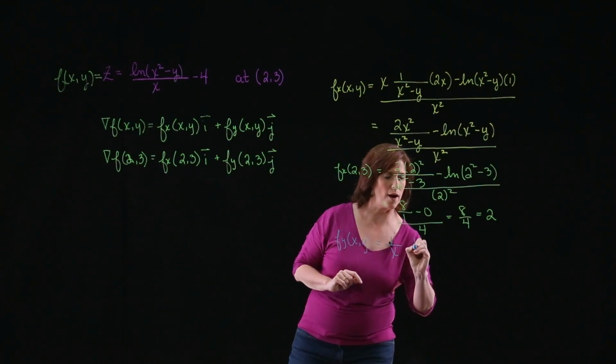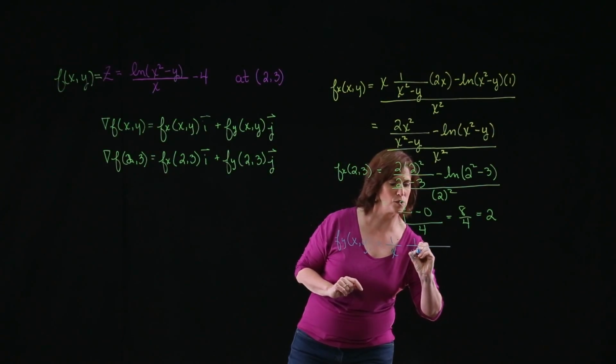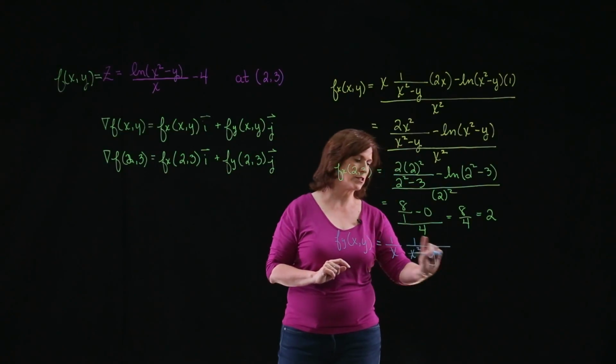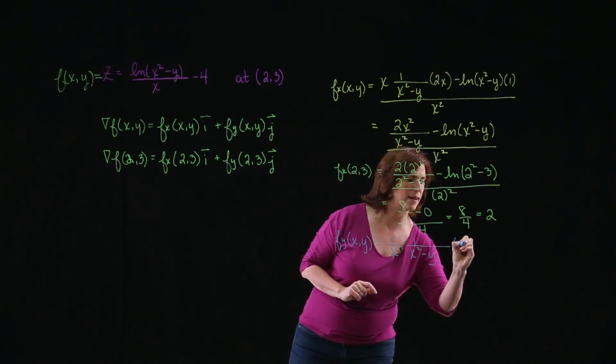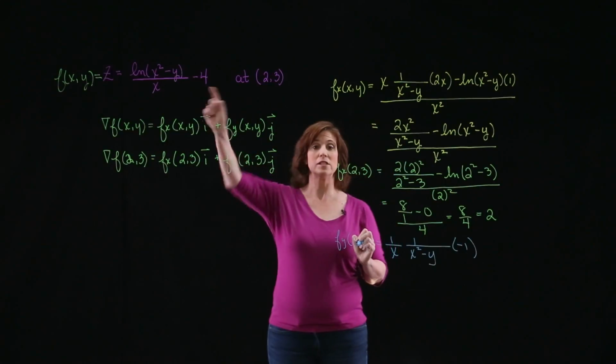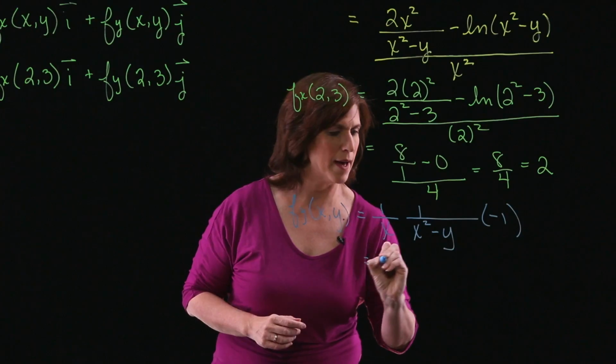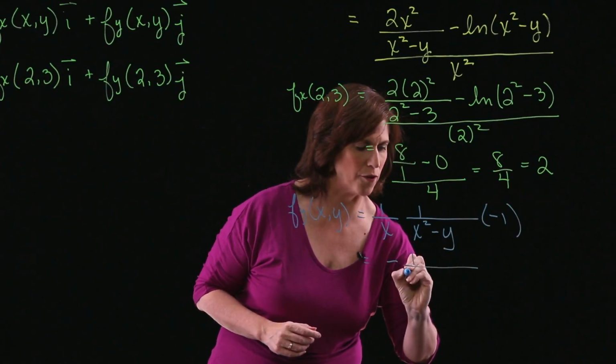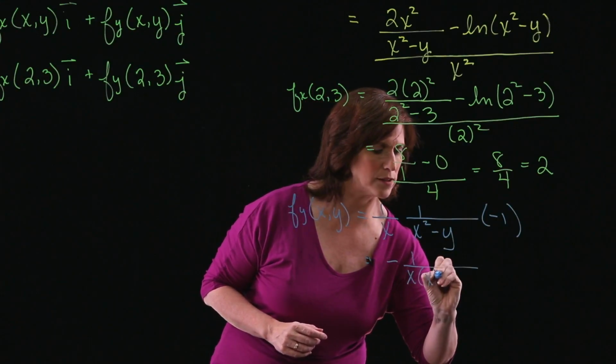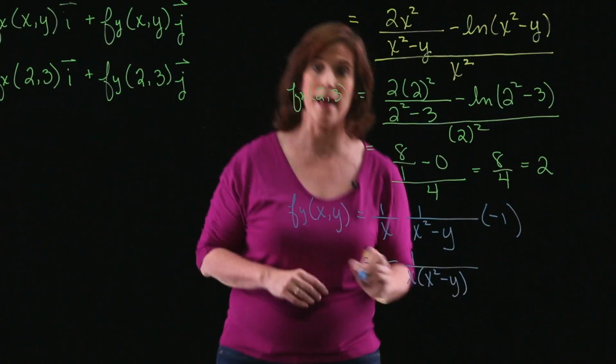That's 1 over x squared minus y times the derivative of this piece, which is just negative 1. And of course, the derivative of the minus 4 is 0. So I have minus 1 all over x times the quantity x squared minus y.